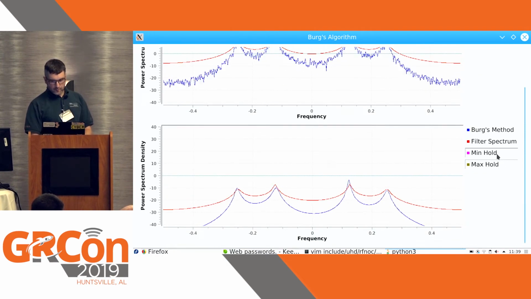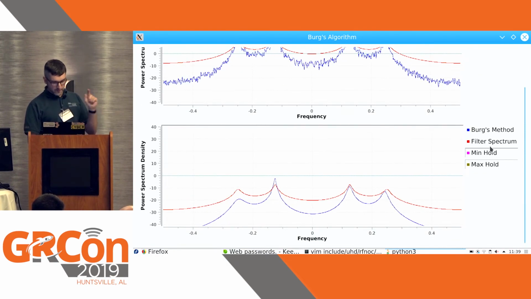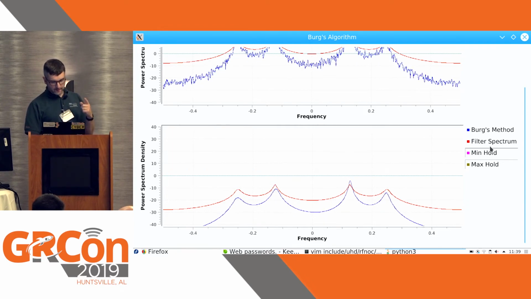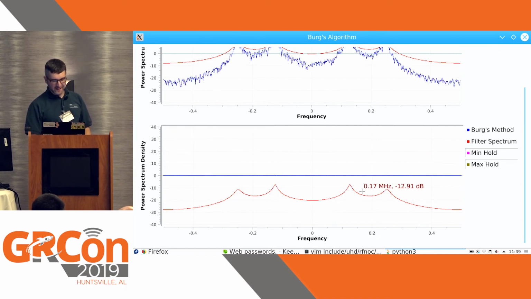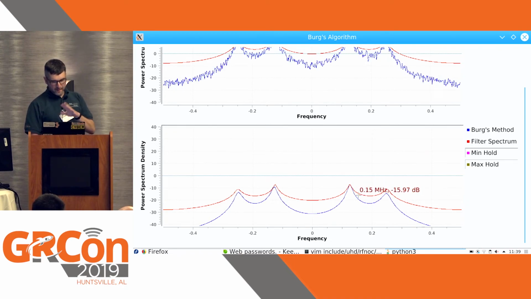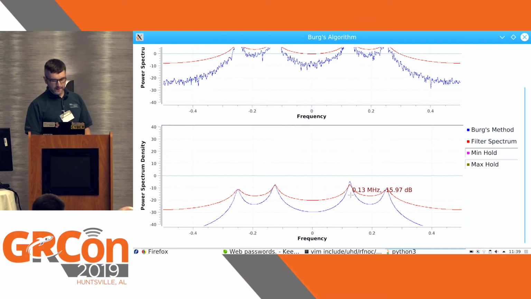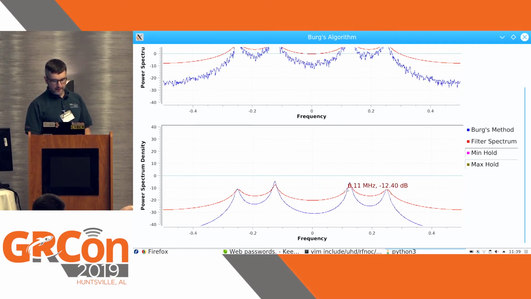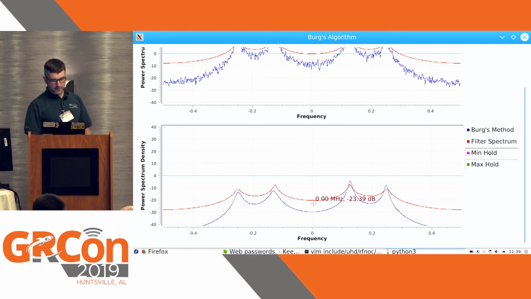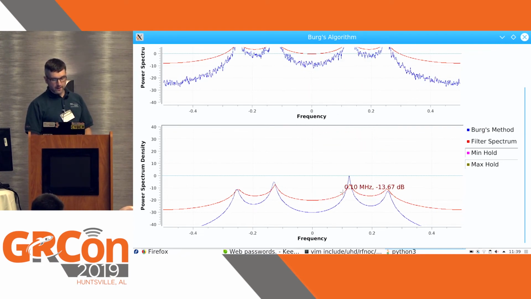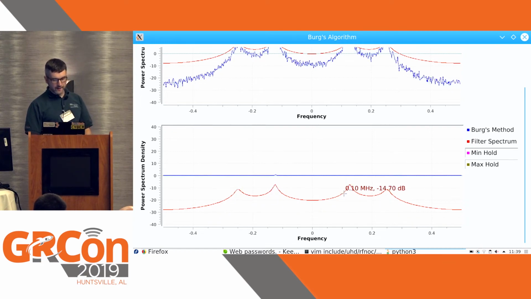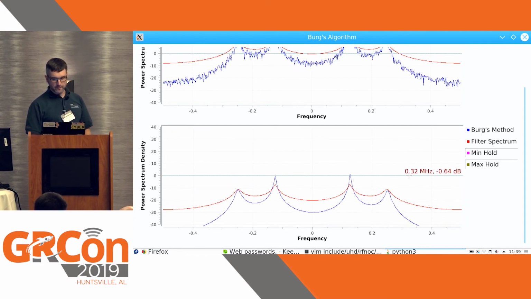And with Burg's method, we've told it to figure out which filter was the input to this signal. I did get the scaling wrong, and I couldn't quite fix it in time for this talk. But other than the bouncy bug, which I think is not part of the algorithm, you can see that the difference between this blue line and this red line is much better than at the top, because I actually get a pretty good idea of what the original coefficients were that went into that.